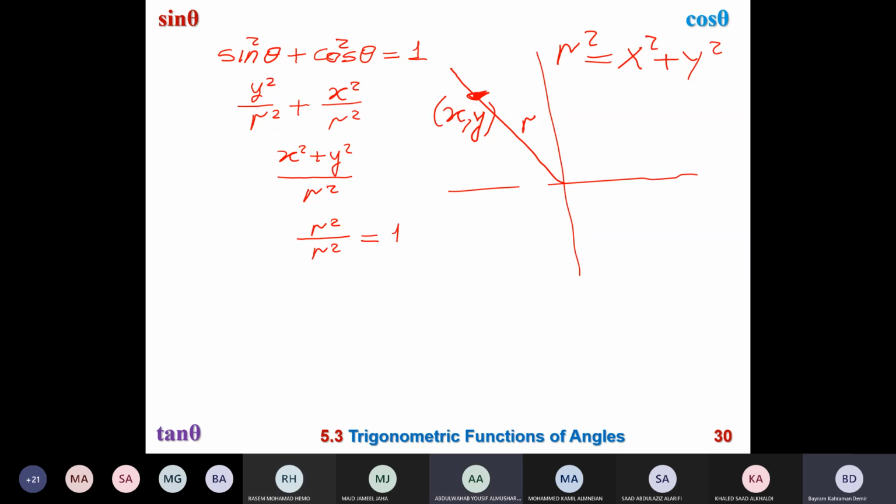Okay, perfect. You see now? So sine square plus cosine square is always equal to 1, whatever the theta is; it doesn't depend on theta. So for every theta, sine square plus cosine square is 1. Nice, amazing, clear, and very simple, but extremely important. We call it the Pythagorean identity.